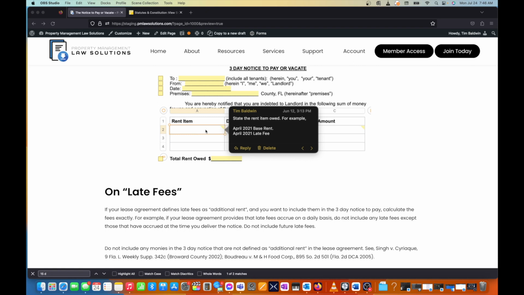So that's typically what we will do. Another approach is we can print out the lease ledger and just simply attach it to the notice, and we can reference the lease ledger within the notice itself so that the tenant can see what the accounting is.